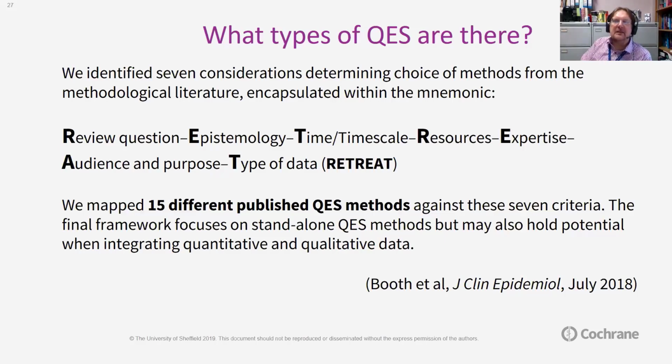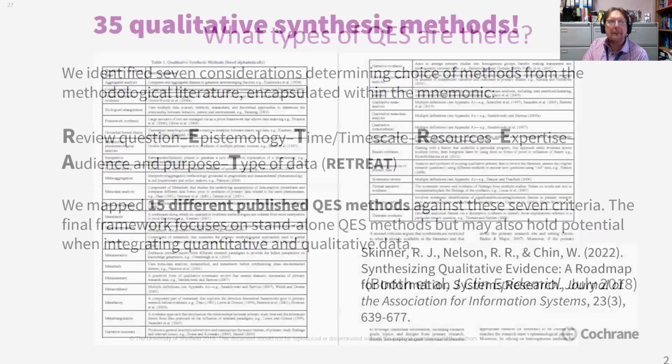In terms of selecting methods of synthesis, just refer more widely to the guidance that is available on choosing a synthesis method. The RETREAT acronym here, and what we attempted to do in this earlier paper was to map different methods against these 7 criteria. And so that's where our recommendations for thematic and framework synthesis come in, factoring in such things as timescale, resources, and expertise.